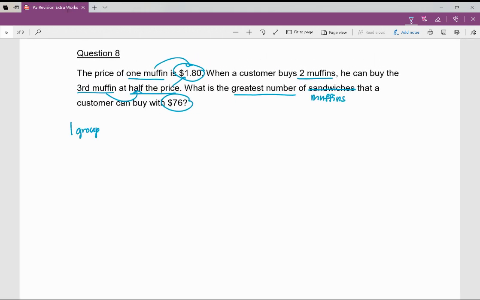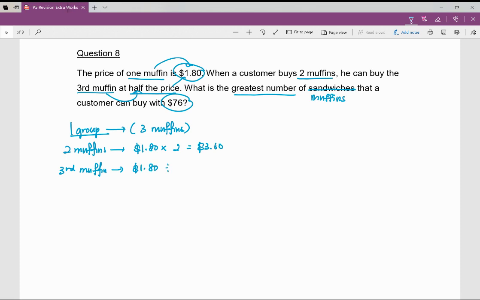So in one group, it's buy 2 muffins and get the third at half price. So in one group, it's actually 3 muffins. Let's calculate the total cost of these 3 muffins. So the 2 muffins is 180 times 2 at the usual price. For the third muffin, it is 180 divided by 2, which is 90 cents.